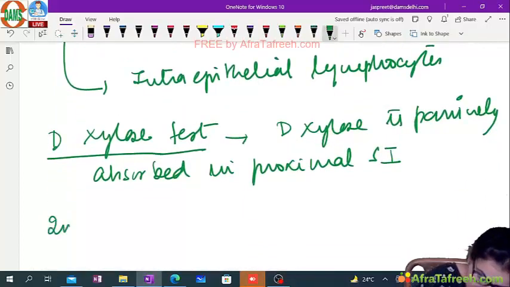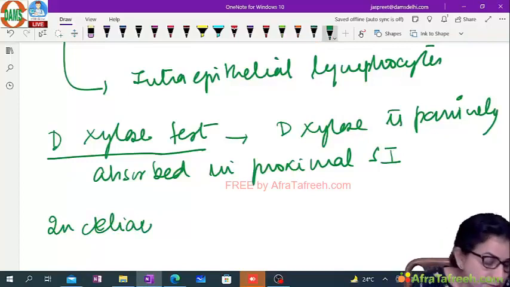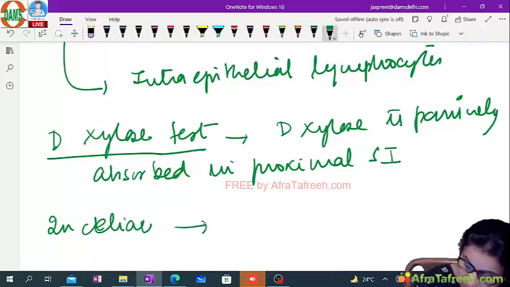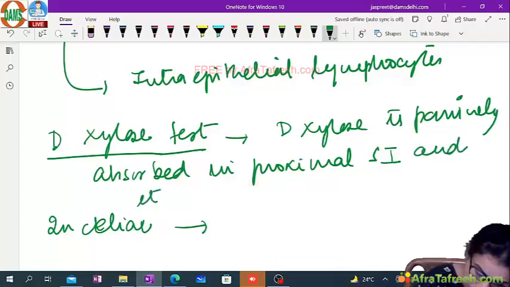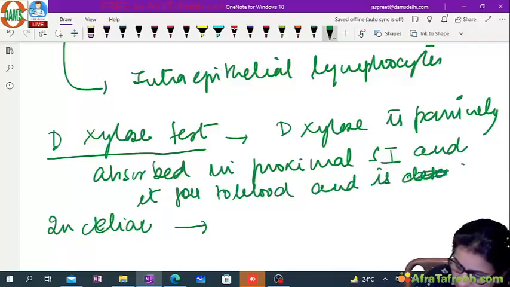Now in celiac, the surface area for absorption has reduced. Normally D-xylose is passively absorbed in the small intestine, goes to the blood, and is passed in urine, so it comes out in urine.